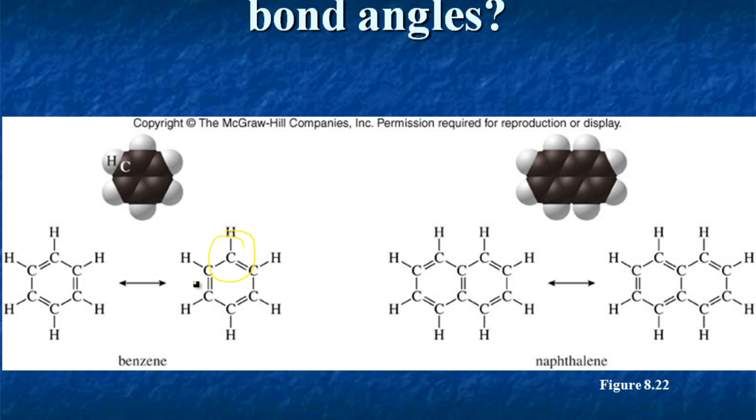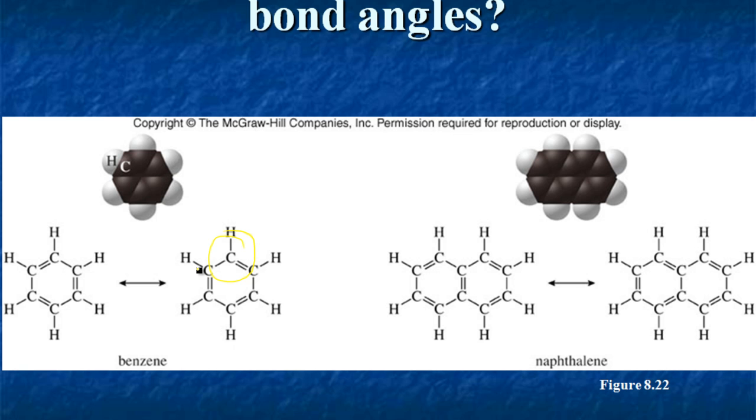Count the sets of electrons around it. 3 sets, right? Remember, a double bond is considered as only 1. So there is 1, 2, 3 sets. If there are 3 sets, what is the parent structure? Trigonal planar. All 3 are bonded, right? There are no lone pairs. Therefore, what is going to be your shape?